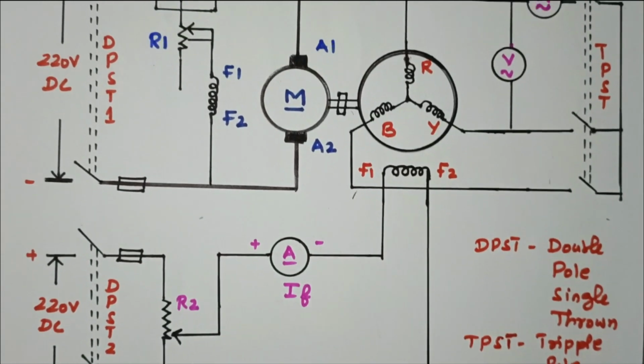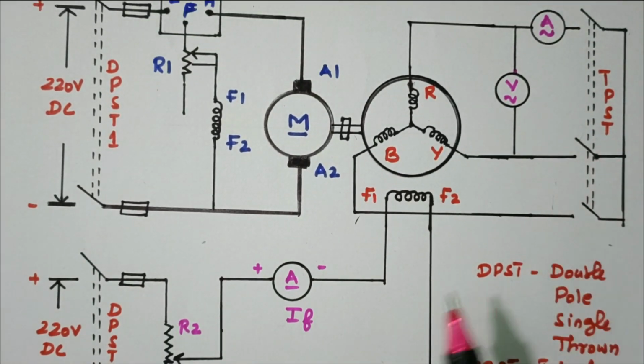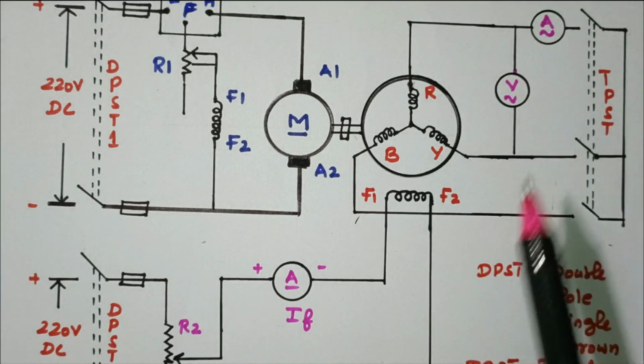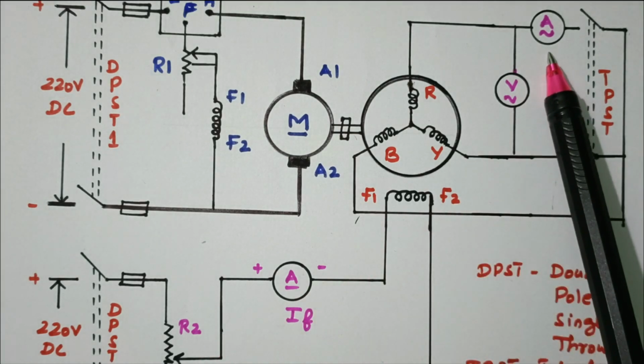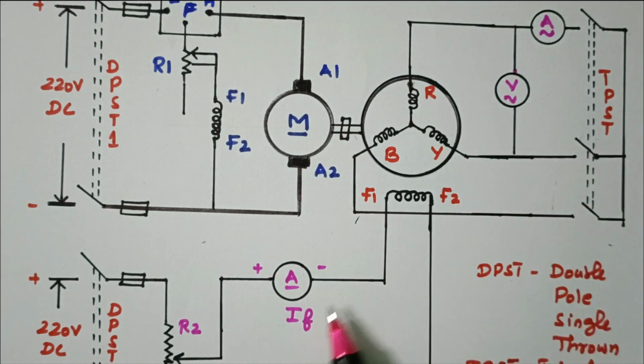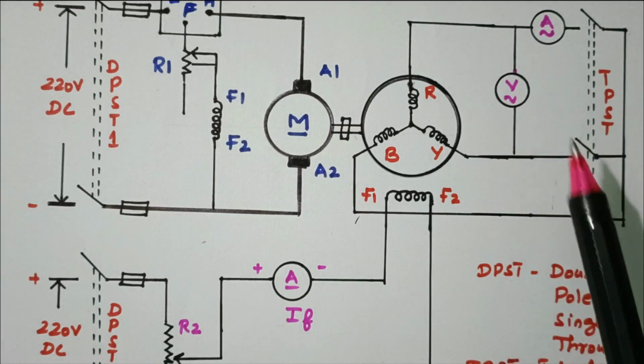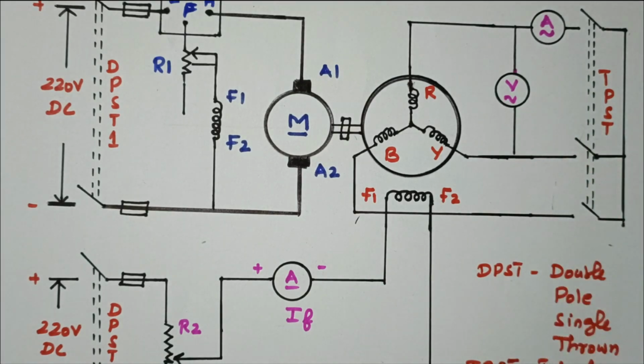Then the TPST switch is closed. Now the field current IF is varied using R2 in order to apply the rated armature current, which can be measured here. For every variation of IF, the armature current is measured. Both IF and IA short circuit are noted and tabulated.